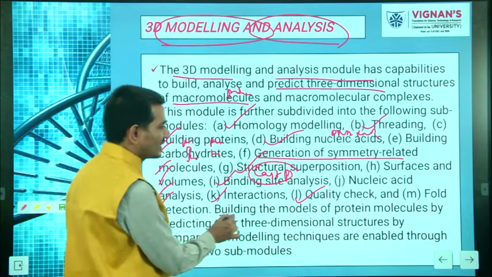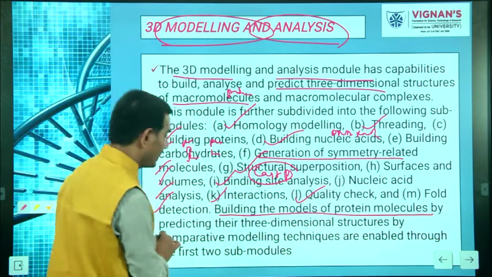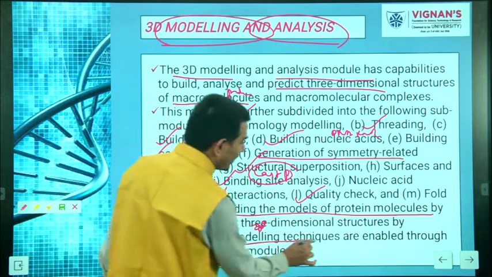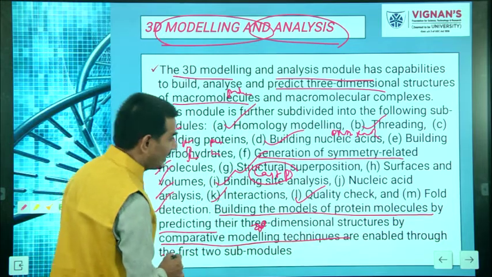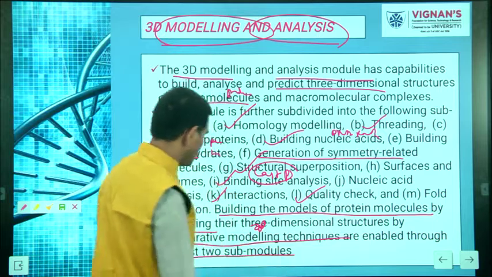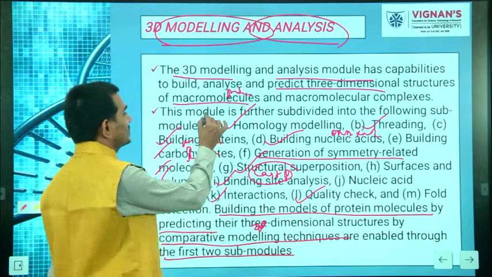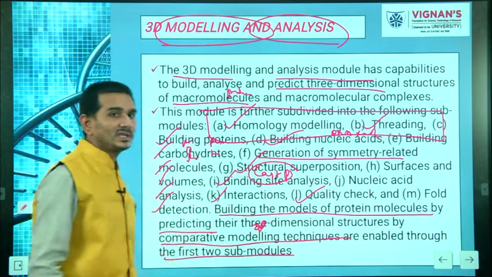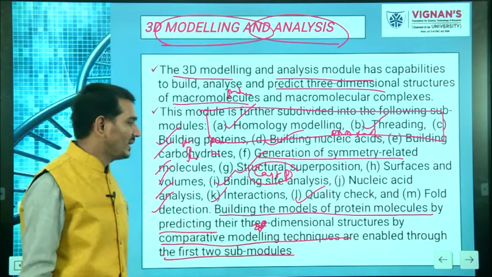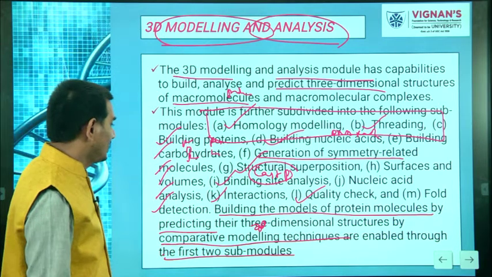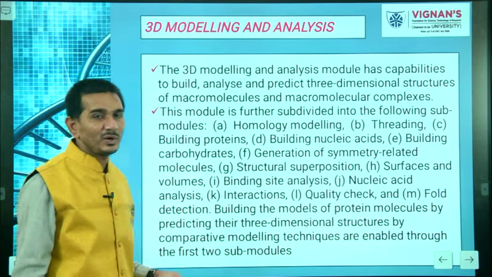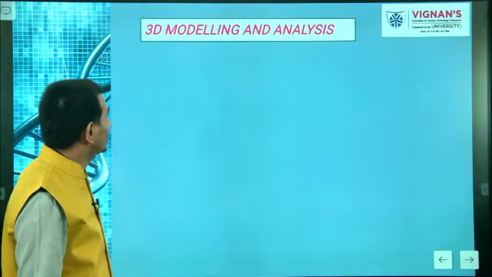Building the models of protein molecules by predicting their three-dimensional structure by comparative modeling technique is enabled through the first two submodules, which are nothing but homology modeling and threading. These two submodules are mainly meant for building the structure of a protein through the technique of comparative modeling, homology modeling or molecular modeling.